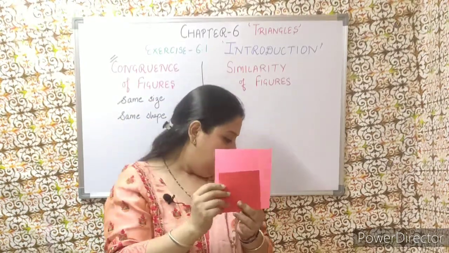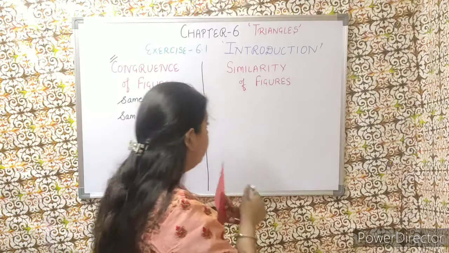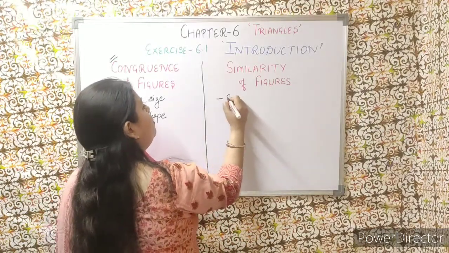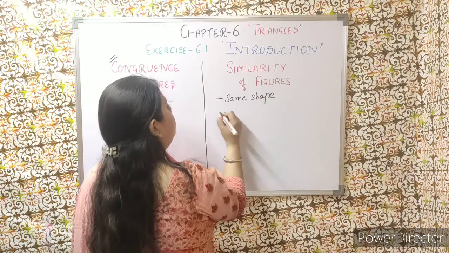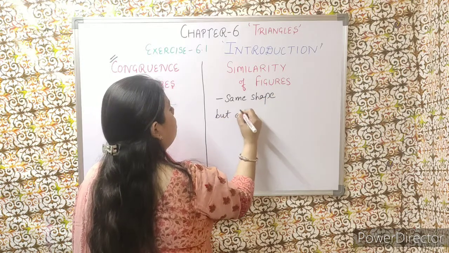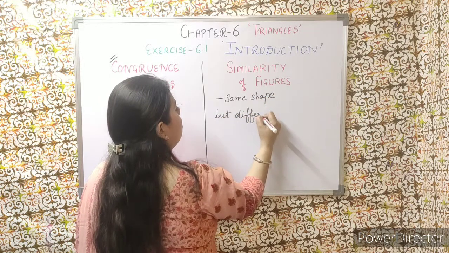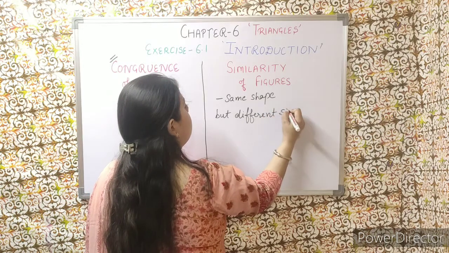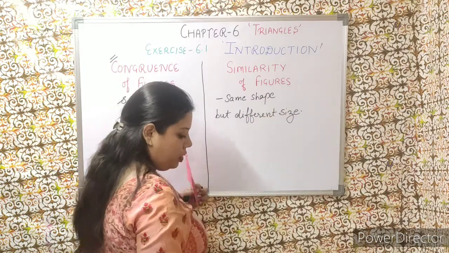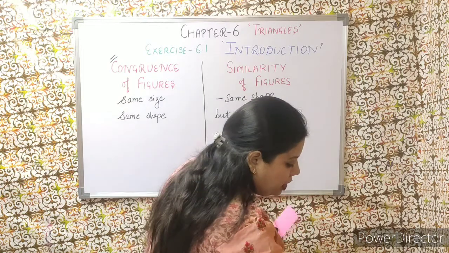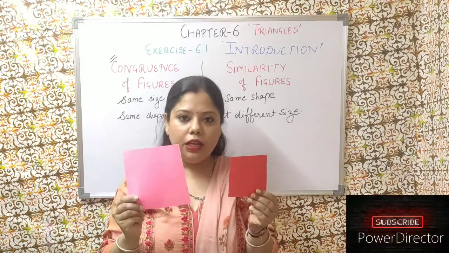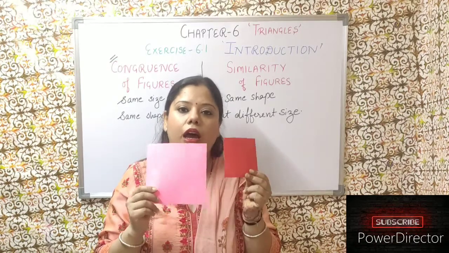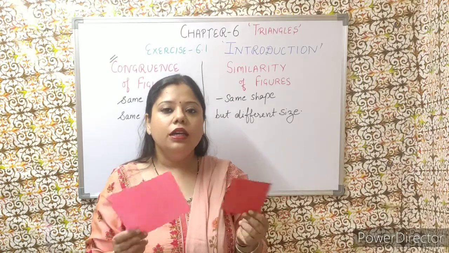So they have the same shape but different size. So what is the basic concept of similarity? Any two figures which are similar in shape but are of different sizes are similar.